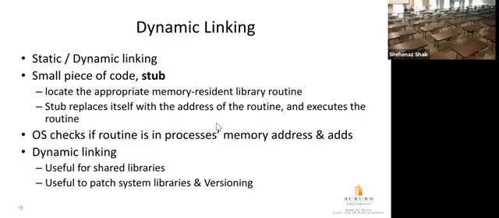Similarly, we have another concept, which is dynamic linking. The concept that we have seen earlier is where we are linking some additional modules or libraries which a particular program is accessing. Now, there may be a situation where we have multiple programs accessing the same set of libraries.